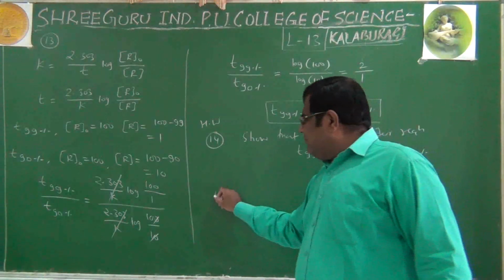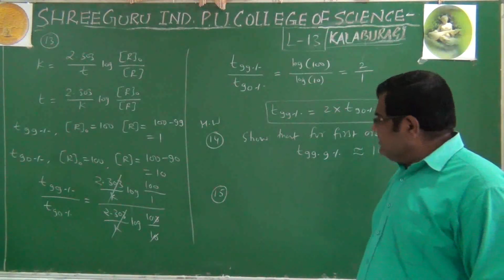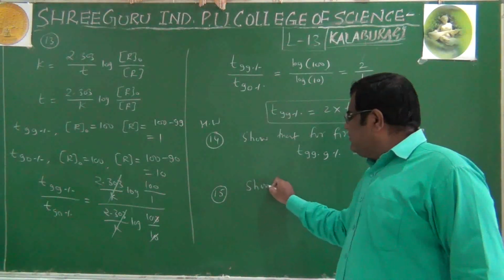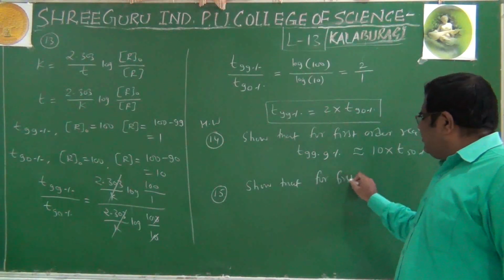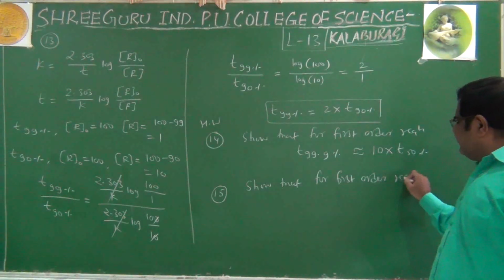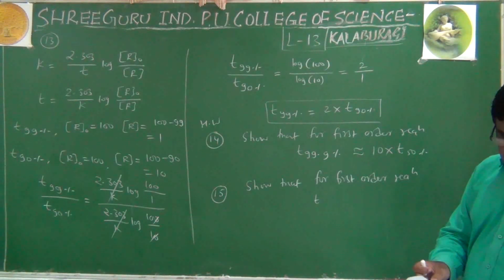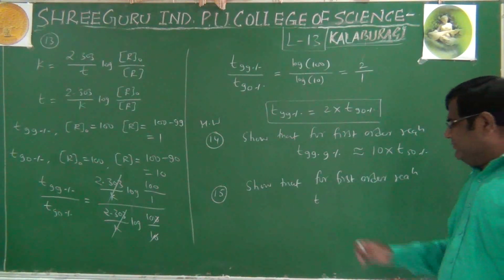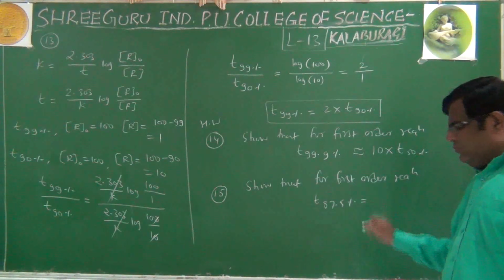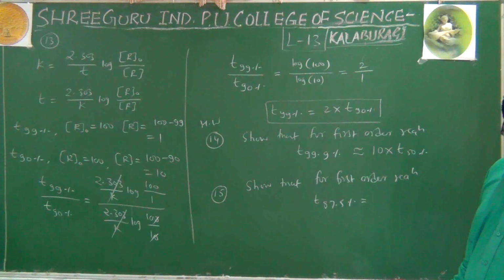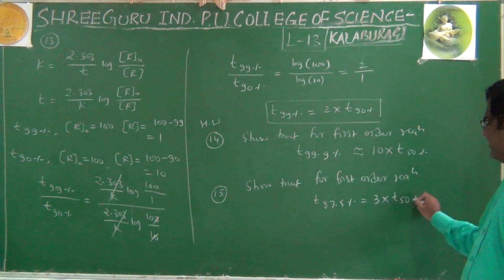Now one more question which we will solve together in this class: show that for a first order reaction, t 87.5% is 3 times t 50%.